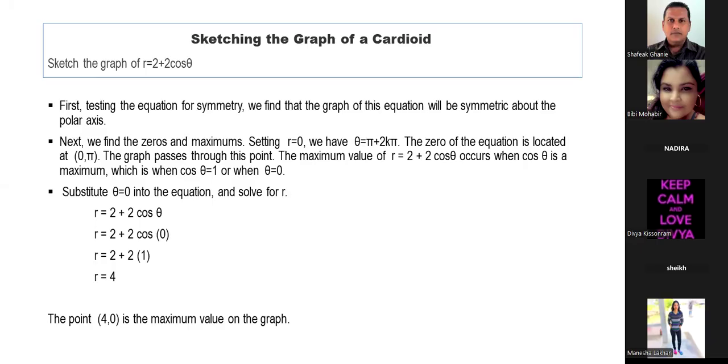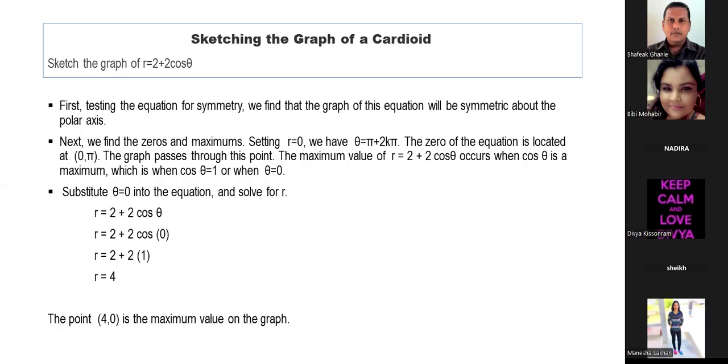So the equation is first tested for symmetry, and polar graphs can be symmetric about 3 places: the polar axis, which is the horizontal axis like I just showed you there, the line theta equal to pi over 2, which is a vertical line, or the pole, which is the origin.